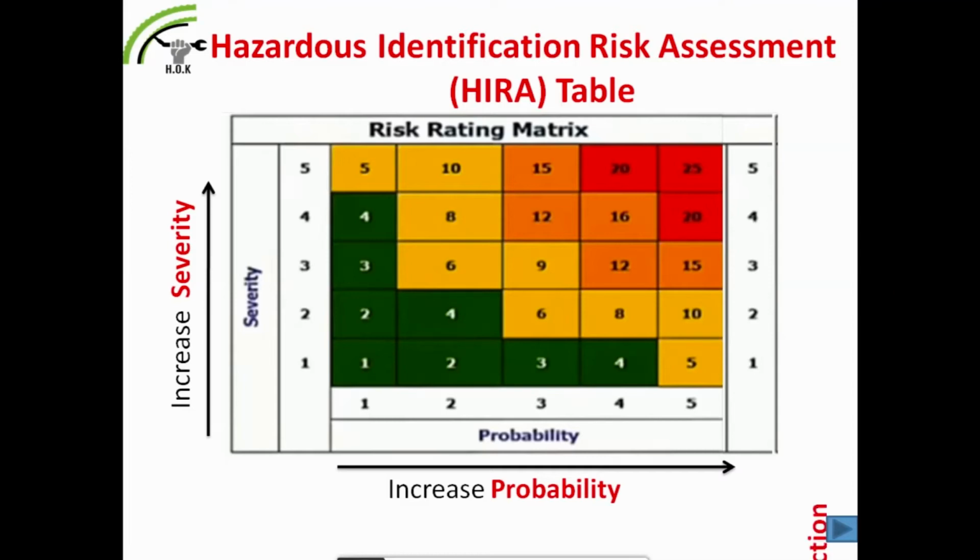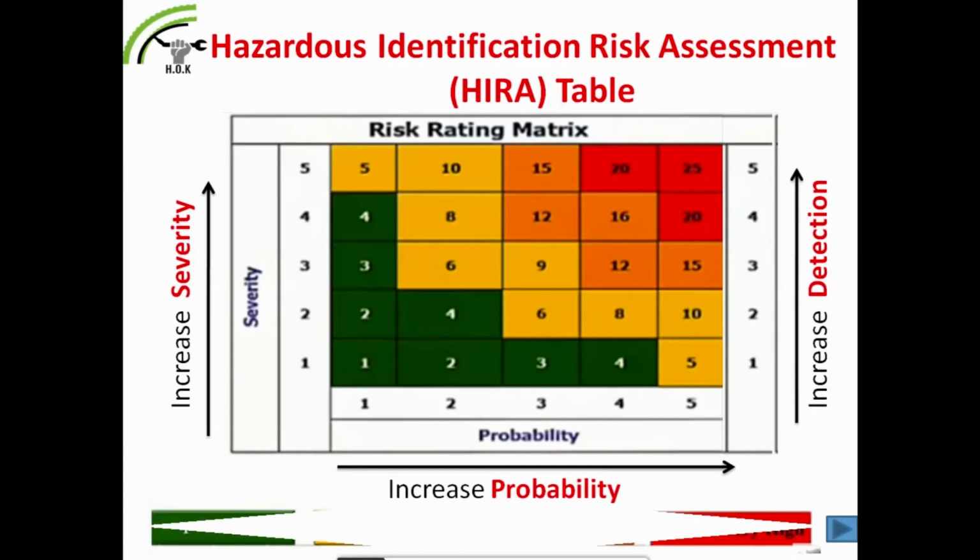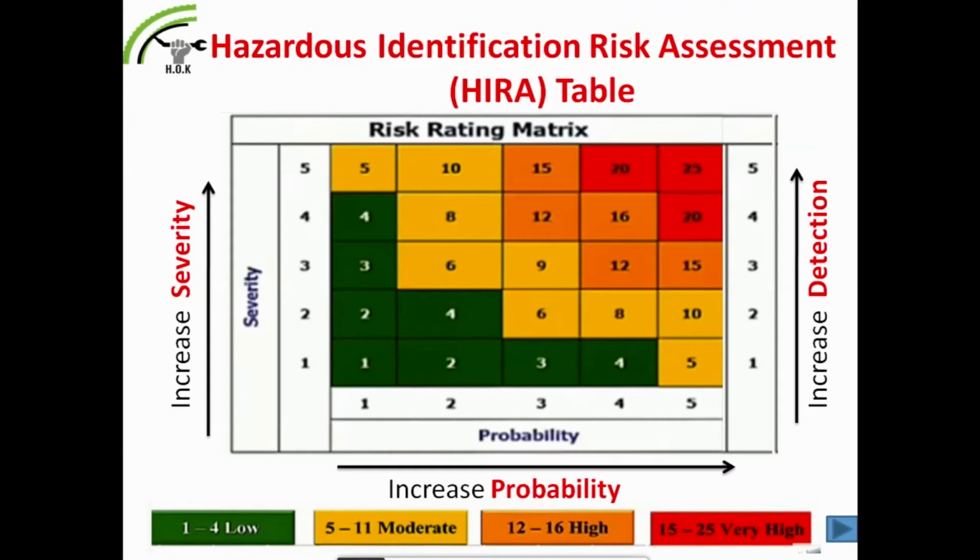On the right-hand side of the table, detection is increasing, which means the detection rating of the hazard is high, so it is not easy to detect. Here are the legends of RPN. If RPN lies between 1 to 4, it means low impact. If RPN lies between 5 to 11, it has moderate impact.